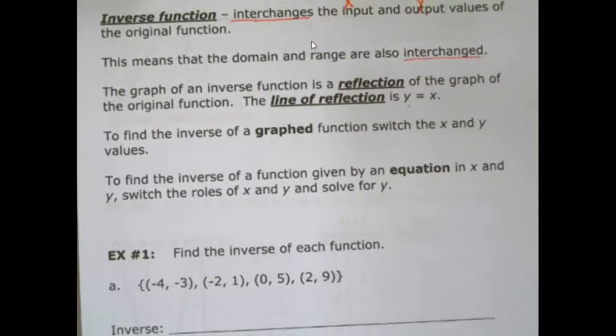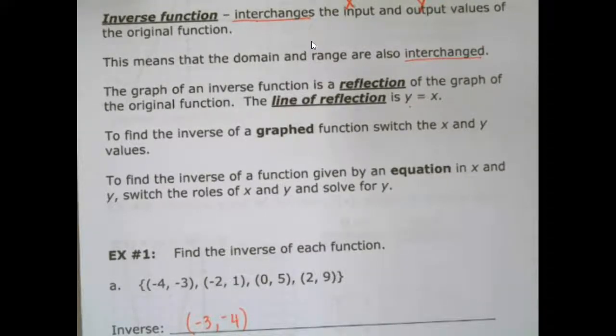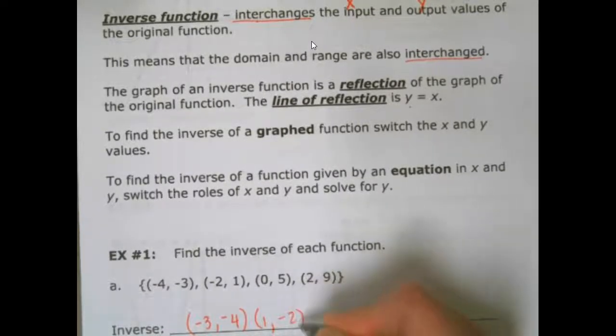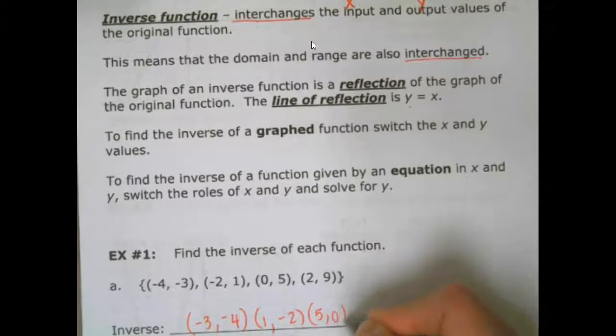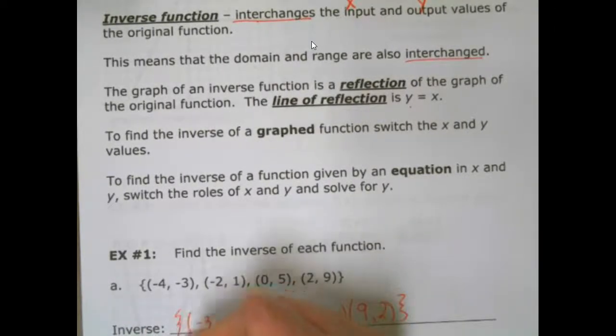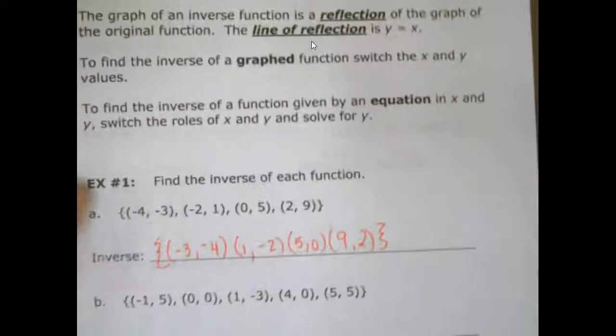So down here in problem number 1, how do you find the inverse? It's that easy. Switch the X and the Y values. It's that easy if you have simple points. On 1B, can you find the inverse then?